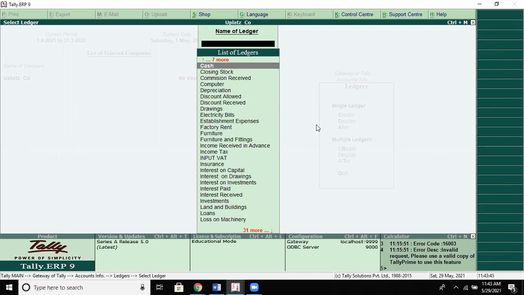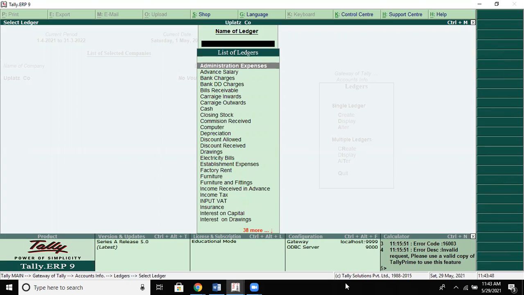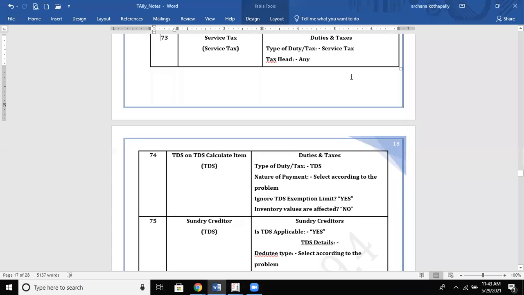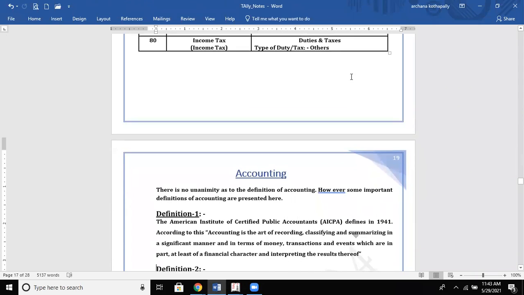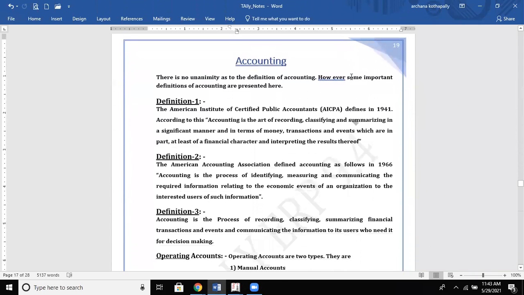Okay. Now let's talk about the concepts. Let's know what exactly is the accounting terminology and what exactly is the Tally perspective.